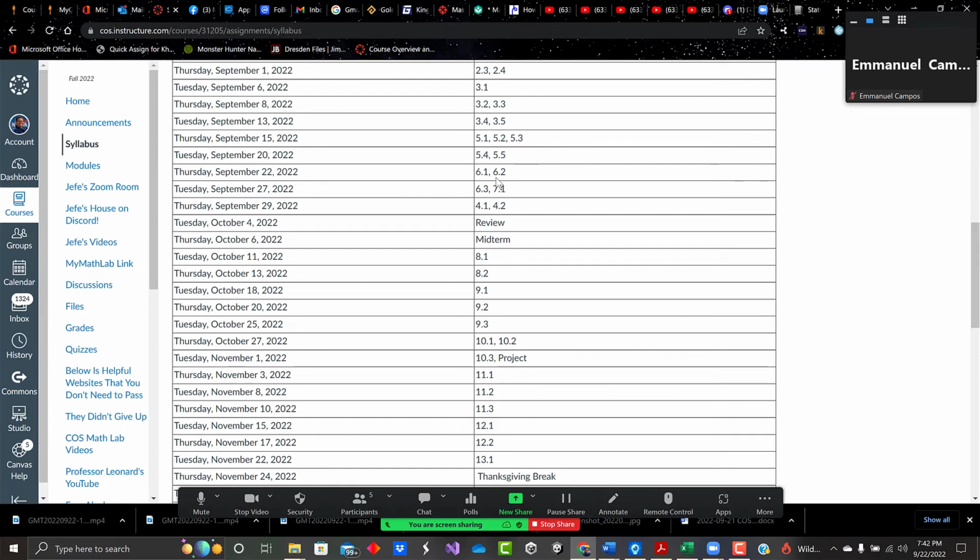Let's see. We might end up pushing 4.1 and 4.2 till after the midterm, which would be fine because it's not on the midterm.